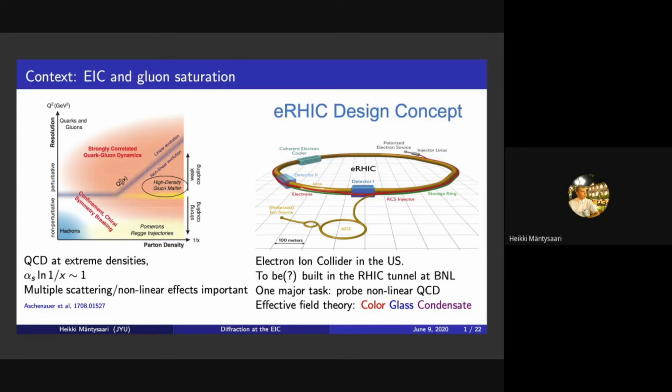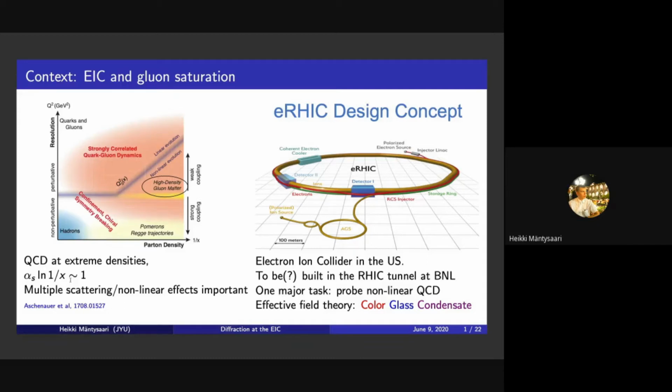And also the densities are so large that physics is non-linear, and the evolution equations turn out to be non-linear. So in this very large density region, technically we say that alpha_s log 1/x is order 1, so you need to resum these contributions to all orders when you are describing any scattering processes.